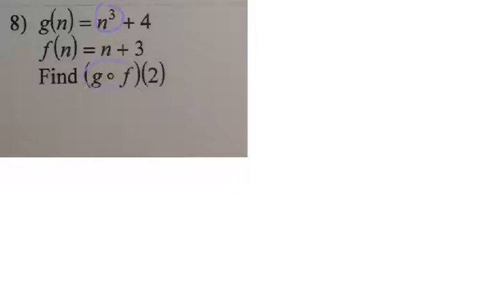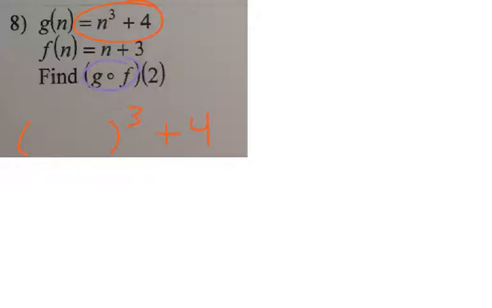So in class we learned about what does g of f mean? That composition function, what does g of f mean? Well, what that really means is I'm going to take g, so I'm going to use red, guys, for g. So g is red, okay? So if we look at function g, doesn't it say I'm going to take something to the third power and then add 4 to it?